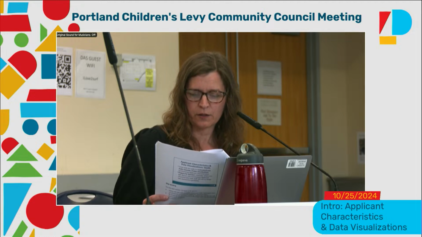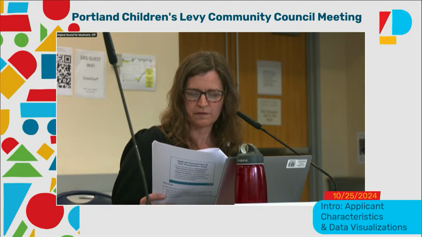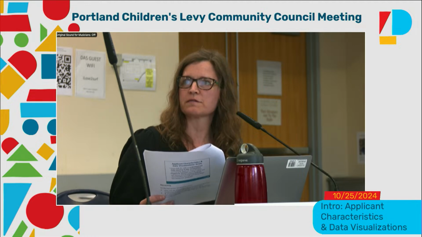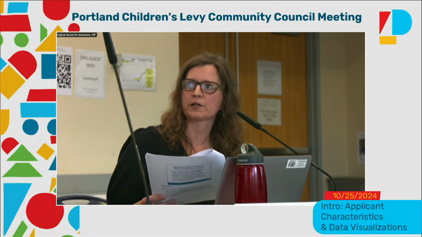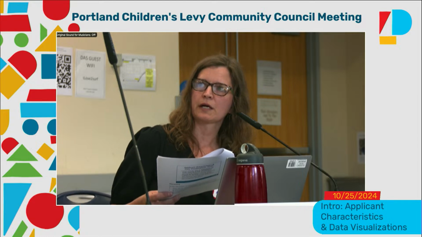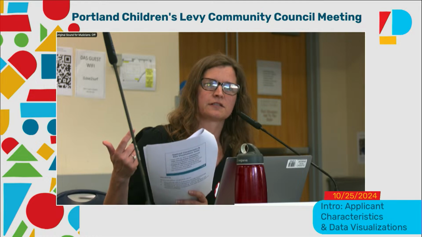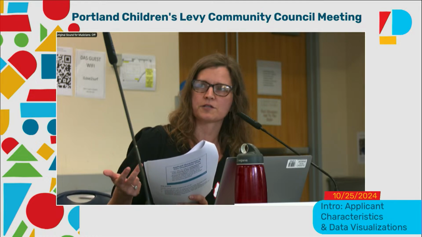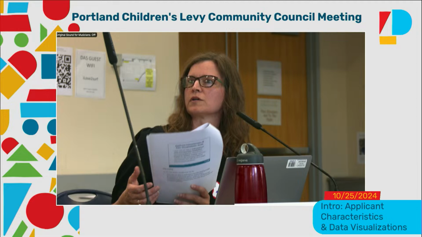The types of data that we will look at to review the characteristics of the applicant pool are amounts of funds requested versus available, numbers of applications by the levy's 6 program areas. Just a quick reminder, that's early childhood, child abuse prevention intervention, foster care, hunger relief, after school, and mentoring.